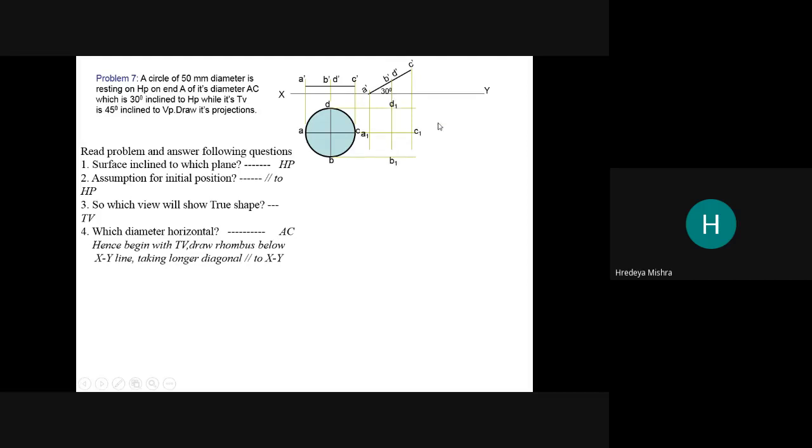For reference purposes, here we take two diagonals.